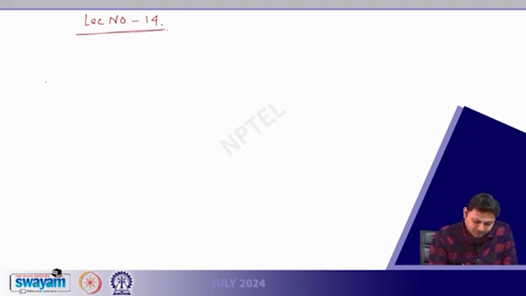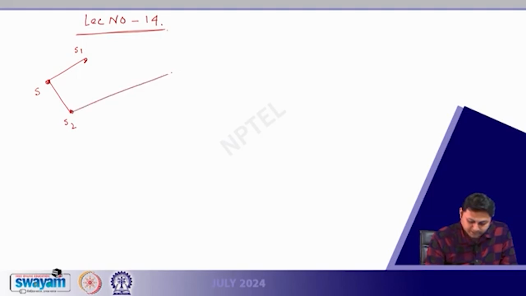The concept was we have a source here, with two different paths. This is S, and we had S1 and S2.